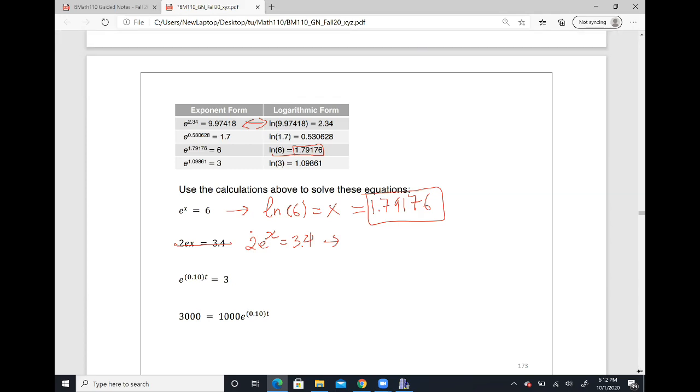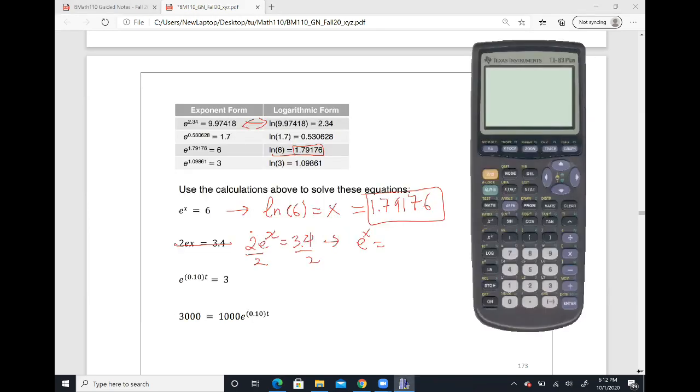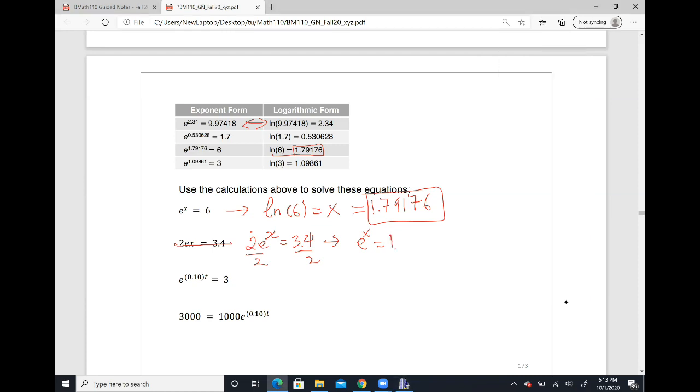So I will divide both sides by 2, and I have e to the x equal to 3.4 divided by 2, which is 1.7.